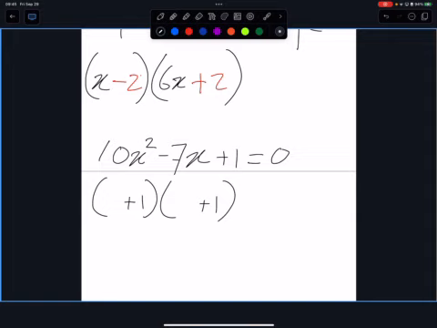This is a good one. Because both of them are not positive 1. The x is negative 7x. How do you do this?